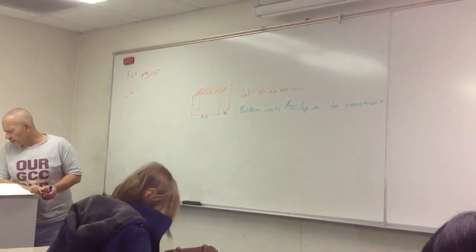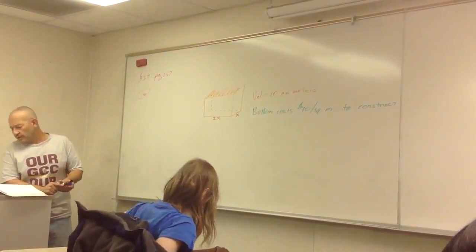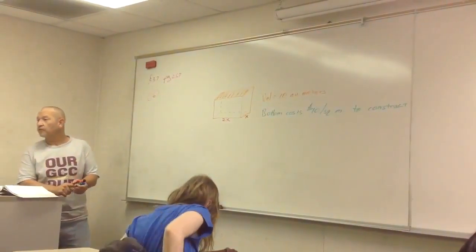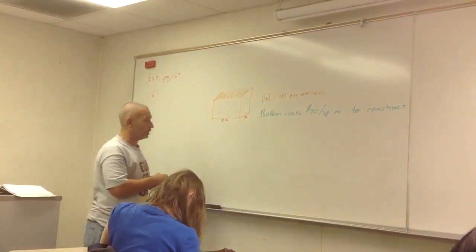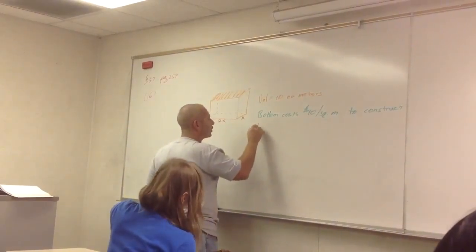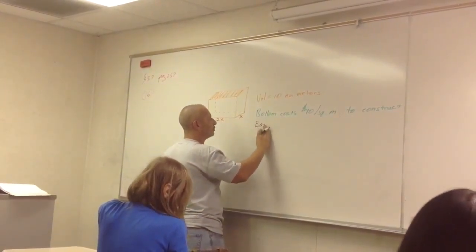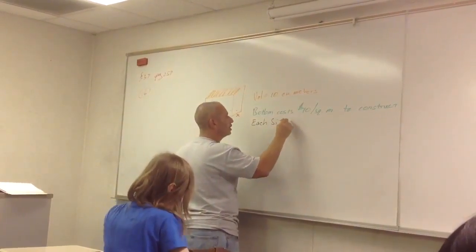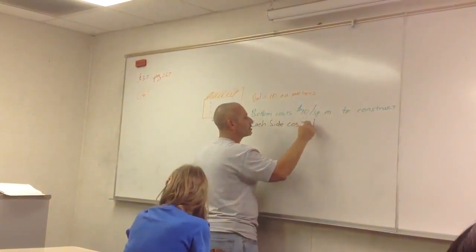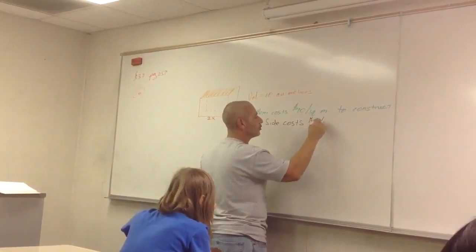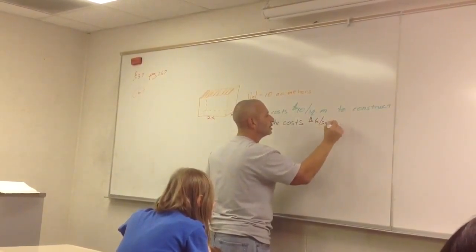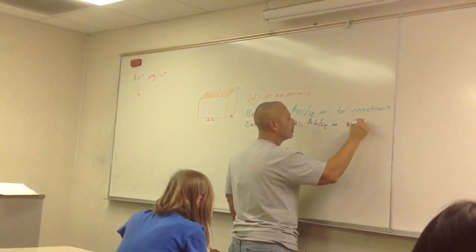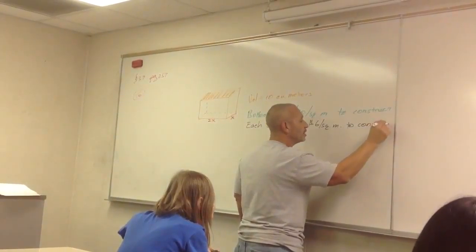They go on to say that the sides, all of them, each of the 4 sides, costs $6 per square meter to construct. And of course, there is no top.